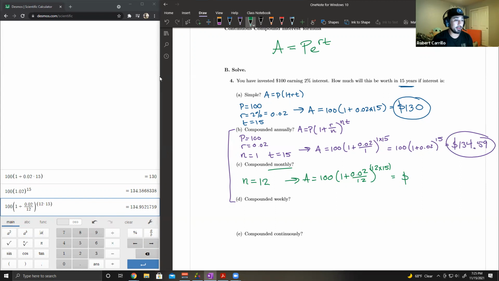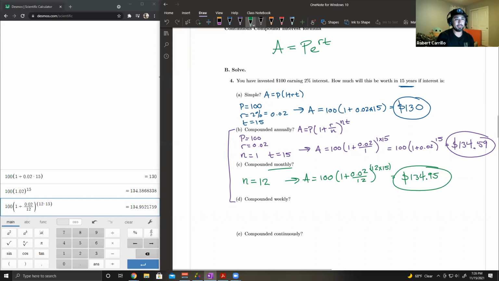And now if we compound every month, we'll make 134.95. About 40 cents more, guys. All right. So if anything, these examples should be telling you to invest your money better. We don't want to wait 15 years to earn 34 bucks. Trust me.